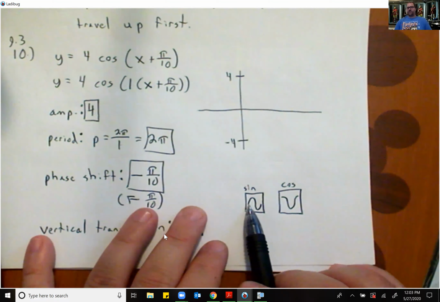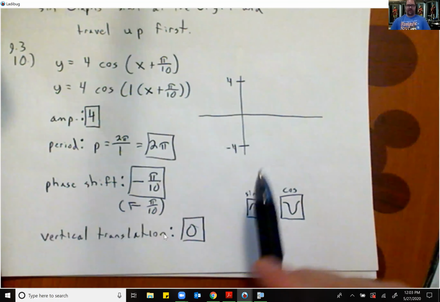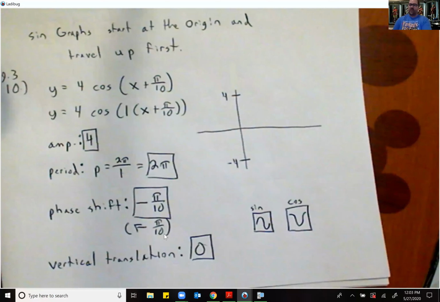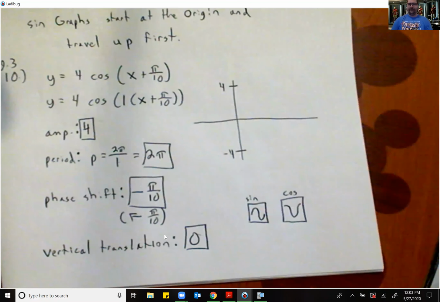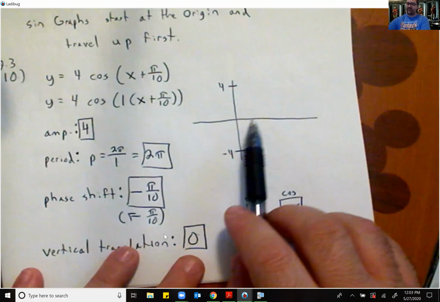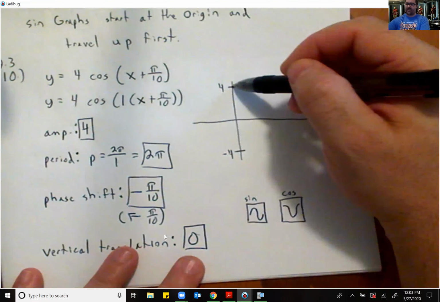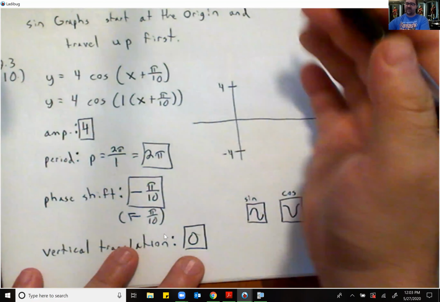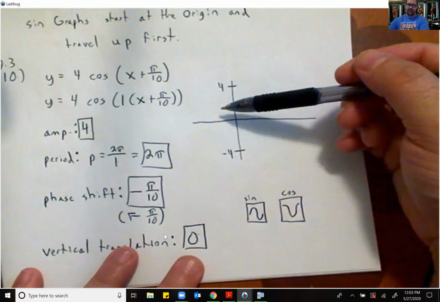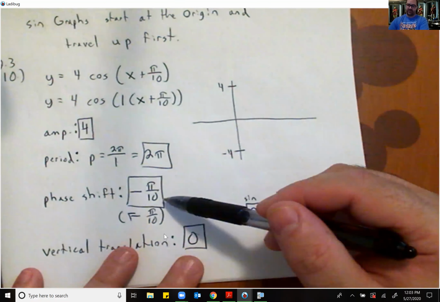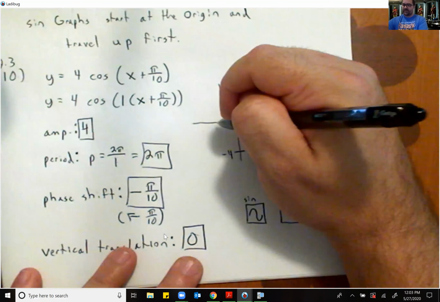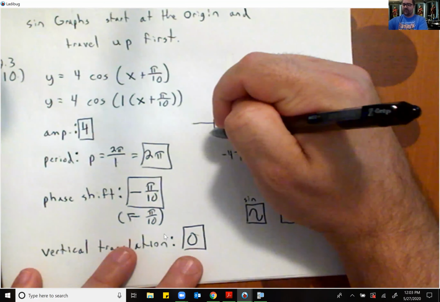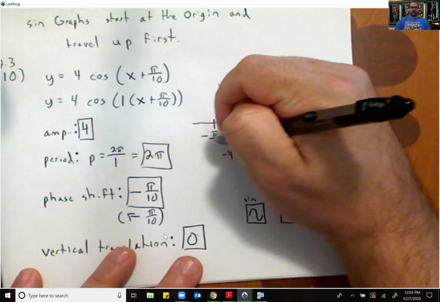All right. So if I draw this graph so you can kind of get a picture of what's going on, I have a little bit of side work that I do, but really what's happening is we're taking this normal graph that would have started up here, went down and back up, and we're going to just move it to the left, pi over 10. So that means our graph is actually going to start right down here at -pi over 10.